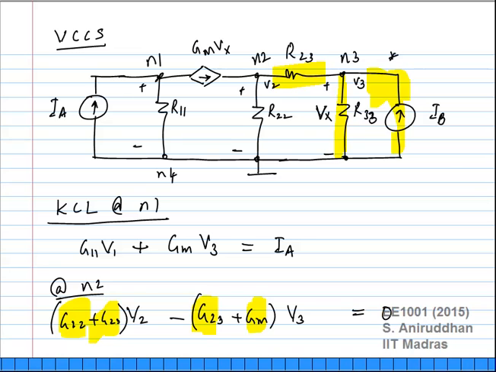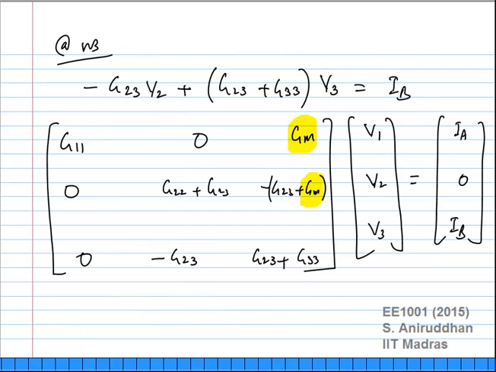So you will find this Gm term entering in the third column, because it should multiply only the V3 term when you write the KCL. What else do you notice? Because the voltage controlled current source is connected between nodes 1 and 2, it will appear only in row 1 and row 2, correct? And it is leaving row 1 and entering row 2, so you also know the directions.